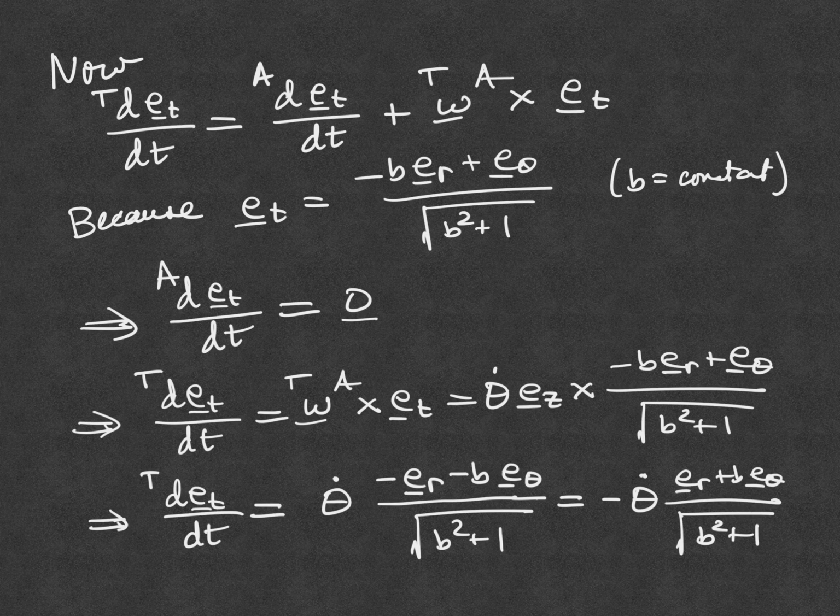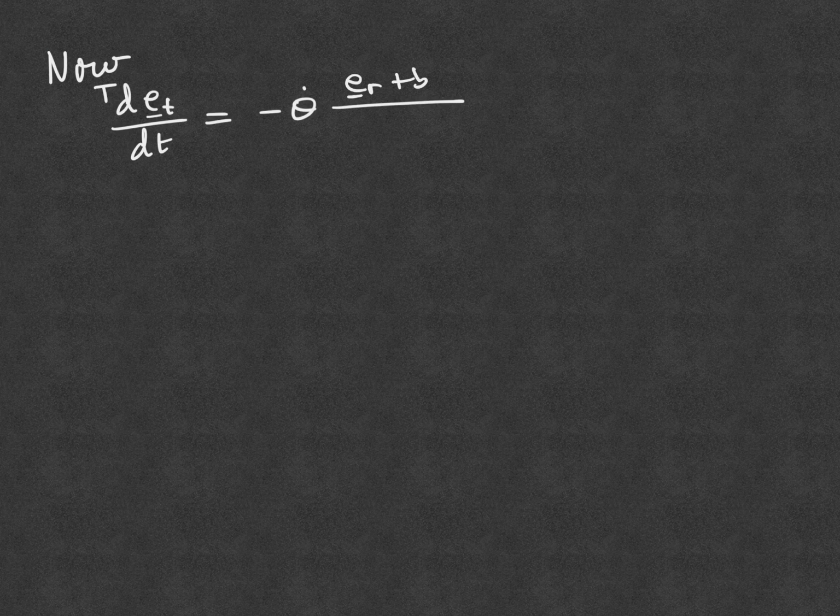Now, we need to compute the normal vector, the principal unit normal. So we're going to take this expression and use it to compute the principal unit normal. So now dE_t/dt in T is equal to minus theta dot times e_r plus b e_theta, all divided by the square root of b squared plus 1.